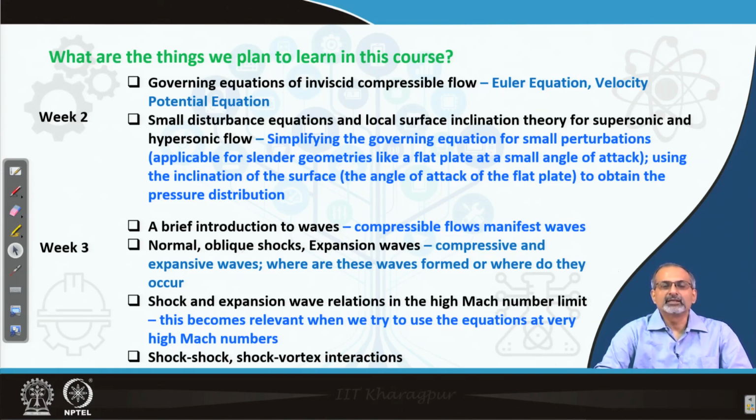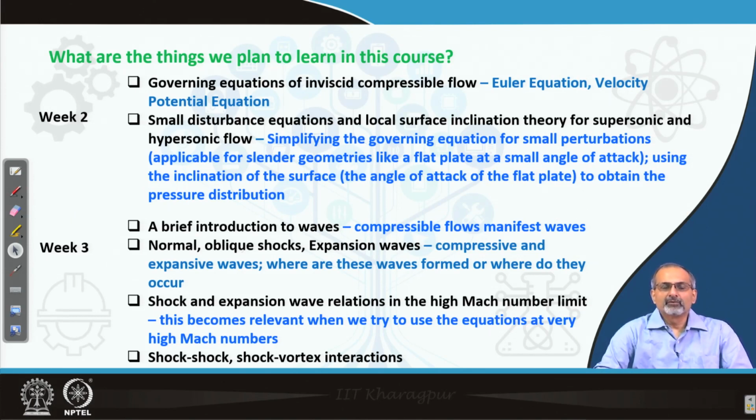Since this course deals with the supersonic and hypersonic regimes both, it becomes imperative for us to look at the different relations which govern shock and expansion waves over a wide Mach number regime. And this becomes relevant when we try to use the equations which are normally derived for the supersonic regime. How can they be extended to much higher Mach numbers, and what is the implication?